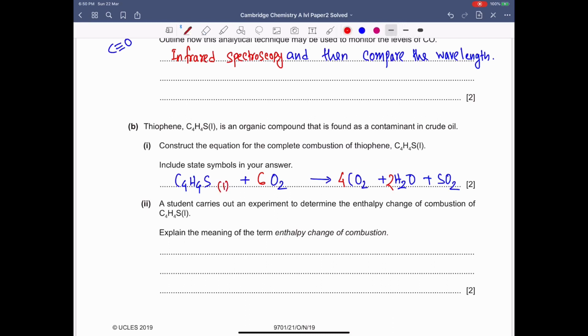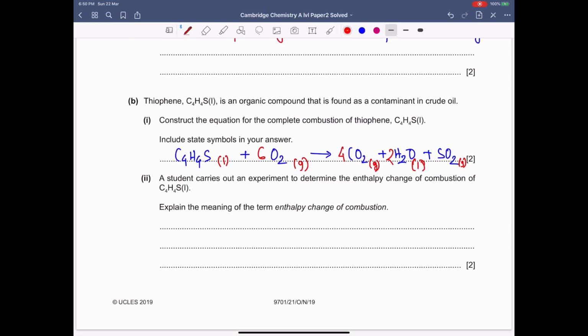State symbols would be liquid, gas, gas, gas, and gas. Okay, we can consider H2O as a liquid when it cools down at standard room temperature and pressure.